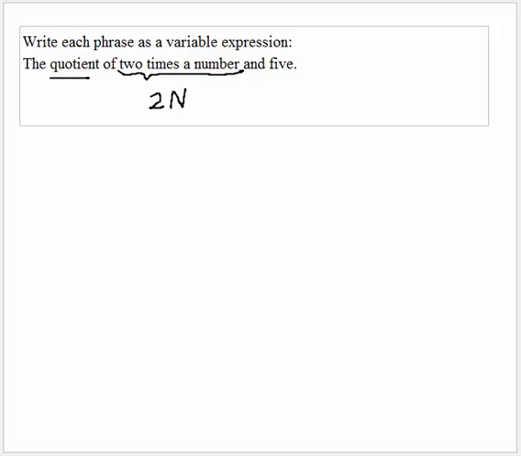The quotient means you have to divide, not add. I see different answers here. So you have 2n or 2x over 5. That's what it means by quotient. Okay, so that would be the right expression. Can I see a check mark next to your name if you can follow this, everyone? Excellent. Okay, next question.